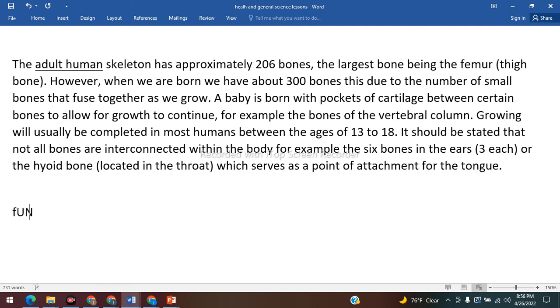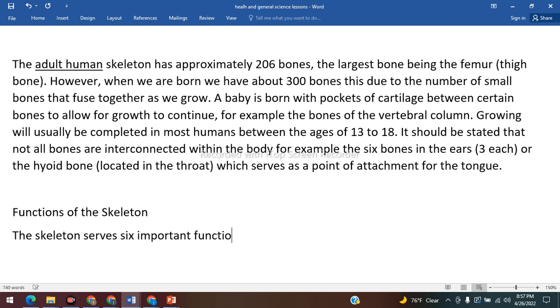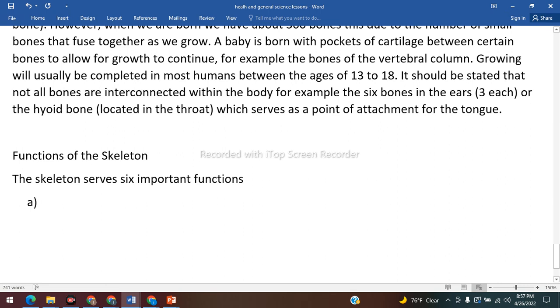Okay, so let's look at the functions of the skeleton. We talked about it already. But the skeleton serves 6 important functions. Y'all writing, right? Yes, sir. Okay, good. Number 1, supports the human body.